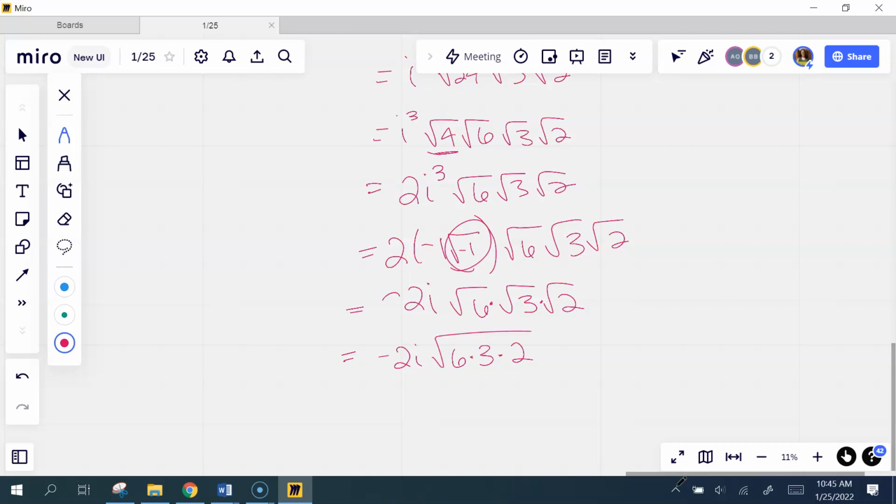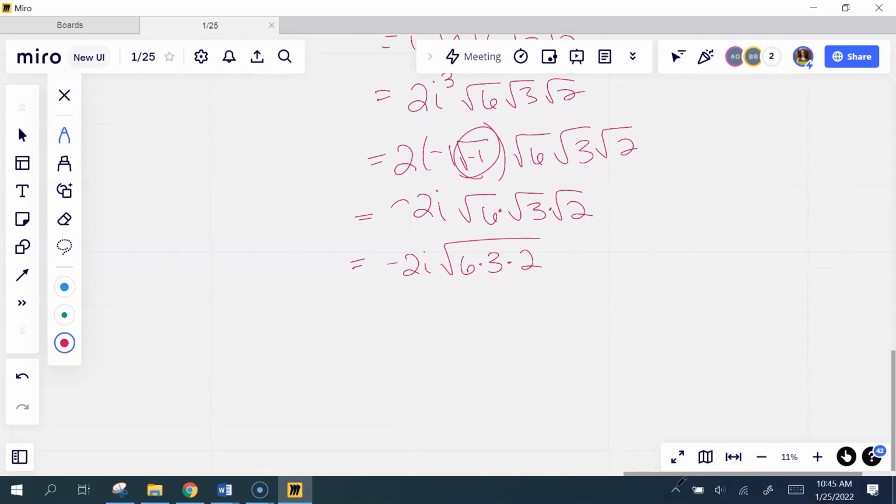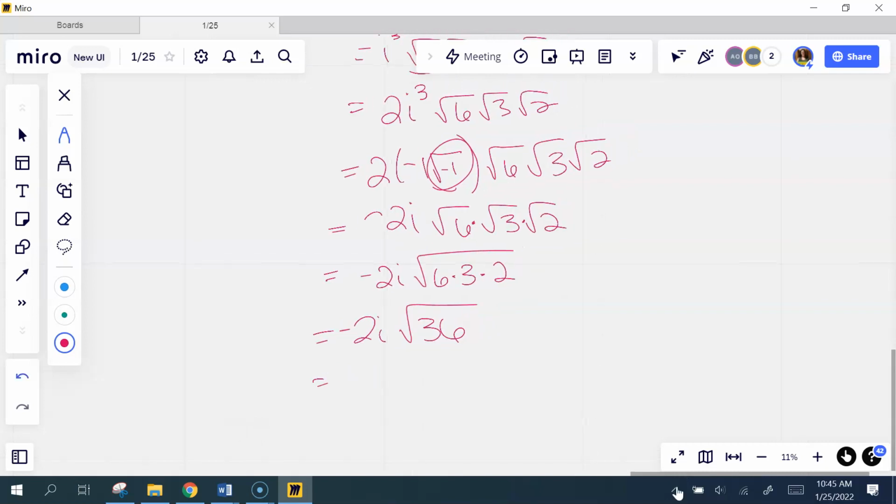That's right. I can. That might be helpful. Let's see. -2i. What's 3 times 6 times 2? Ooh, was that helpful? What's the square root of 36? 6. That was very helpful. -2i times 6. -12i. That's exactly right. Treat that i like any other variable.